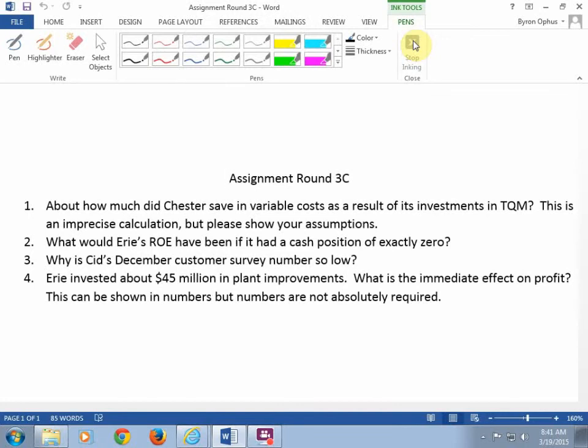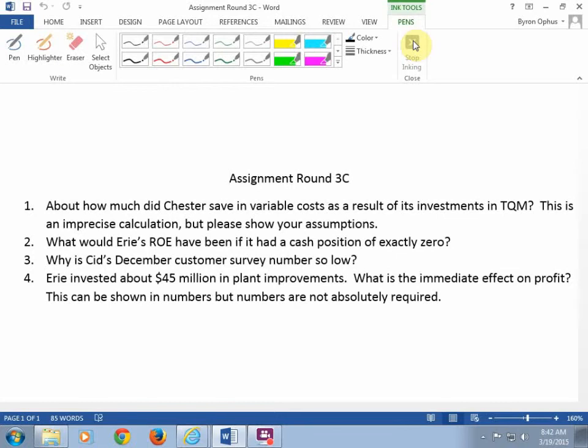Chester themselves could probably get into their annual report and do a fairly precise calculation of this, but the rest of you don't have enough information to do a real precise calculation, okay? But you can make some assumptions that should get you pretty close, a ballpark figure within, let's say, $1 million. And so show me your assumptions is what I'm saying.